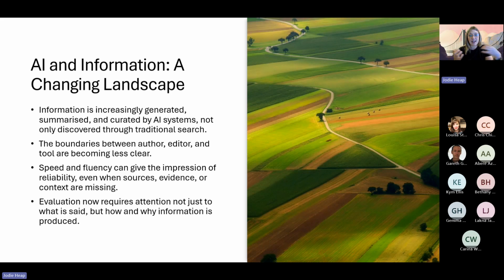AI and that element of summarization is here to stay, and tools will become popular, more products will emerge, and we need to have an understanding of how we can engage with and safely use those products. And evaluation of the information becomes a really important skill in our researcher toolkit.